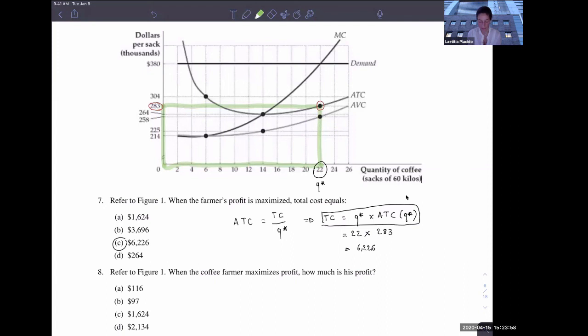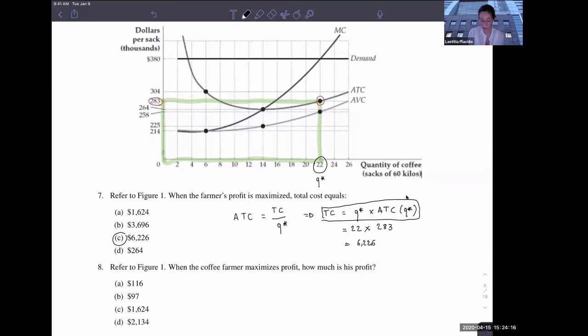Question 8. When the coffee farmer maximizes profit, how much is his profit? All right. So how do we get the profit? Well, that's easy. We have already calculated total revenue and total cost.